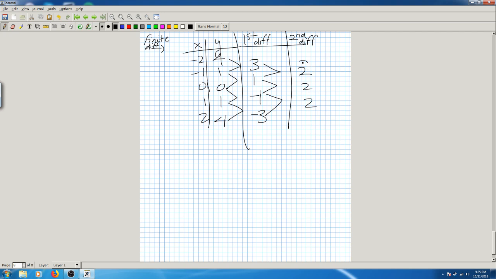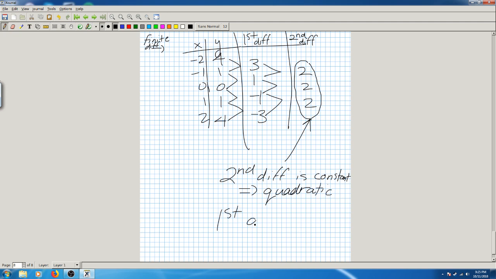As soon as I get a constant, meaning the same value across the column, then I say that I've identified what my relation is. So if the second difference column is constant, meaning I have the same value throughout the column, then this means it's a quadratic.